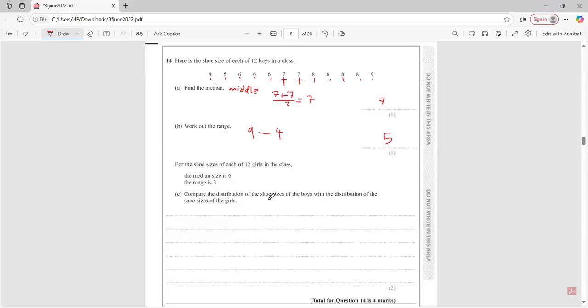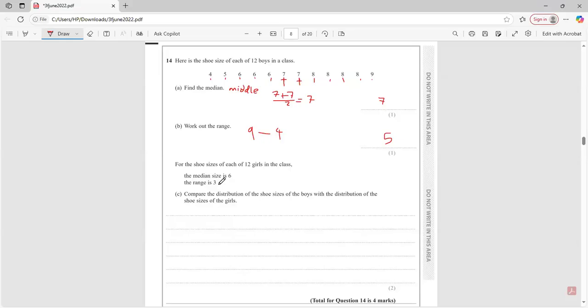But if you understand that range is the difference between the biggest and the smallest in each case, then the variation for boys seems to be higher than that for girls. Because 9 minus 4 gives us 5, and for girls it's just 3, it means the difference between the biggest girl's shoe size and the smallest girl's shoe size is not that much.